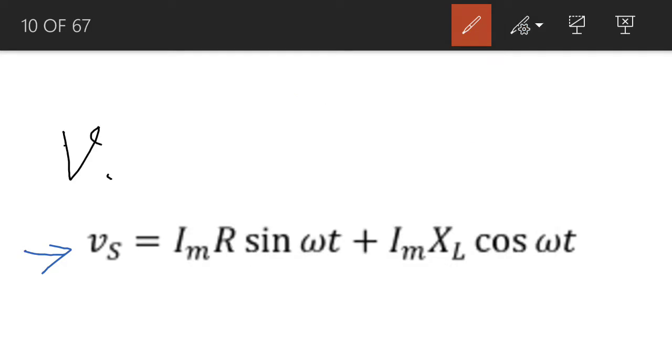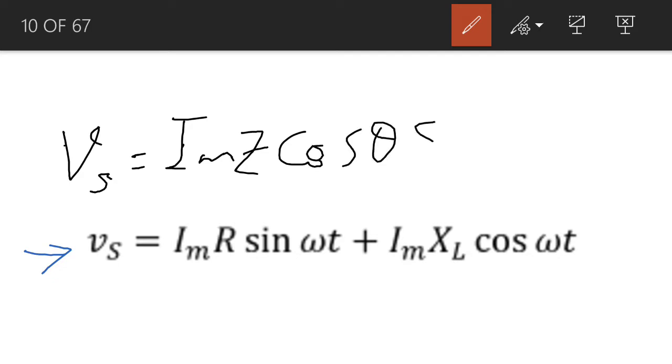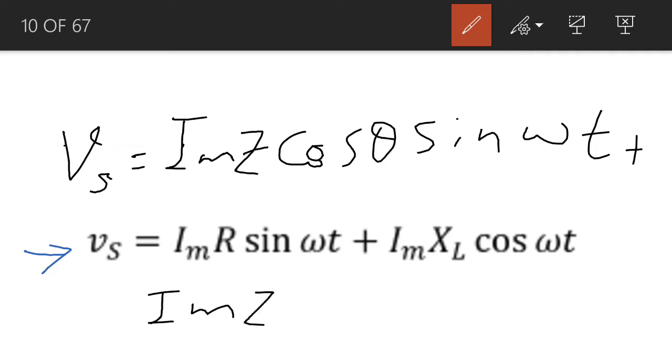We derived this equation now. The voltage across the source will be equal to Imz cos theta sine omega t plus Imz sine theta cos omega t.